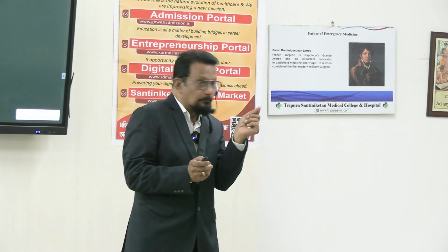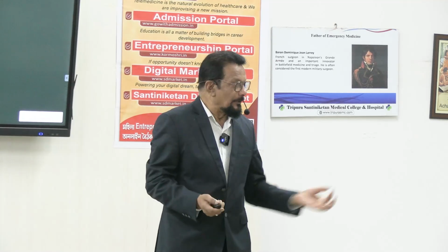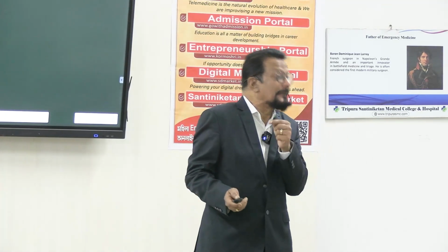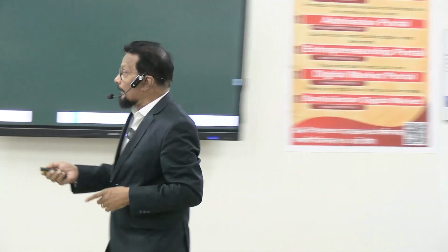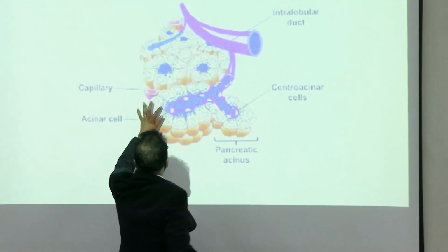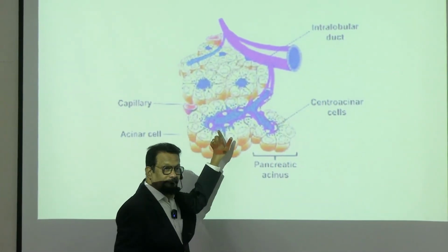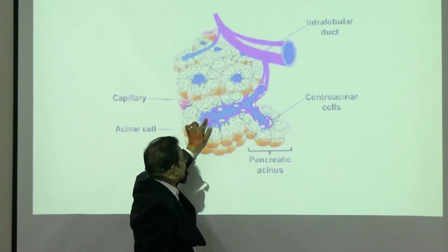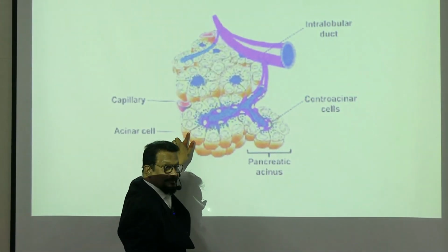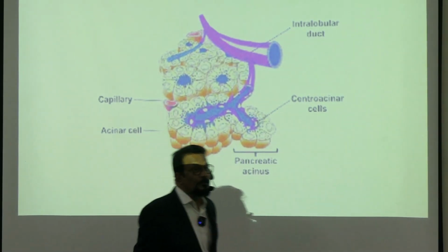When these cells are stimulated, these granules migrate to the apical aspect. That's why all these granules are gathered here. They are ready to secrete into the duct. When they receive any stimulus, immediately these granules will be exocytosed into the lumen.